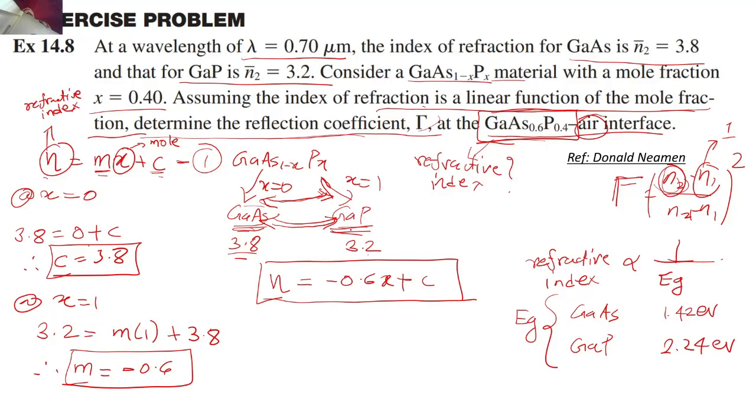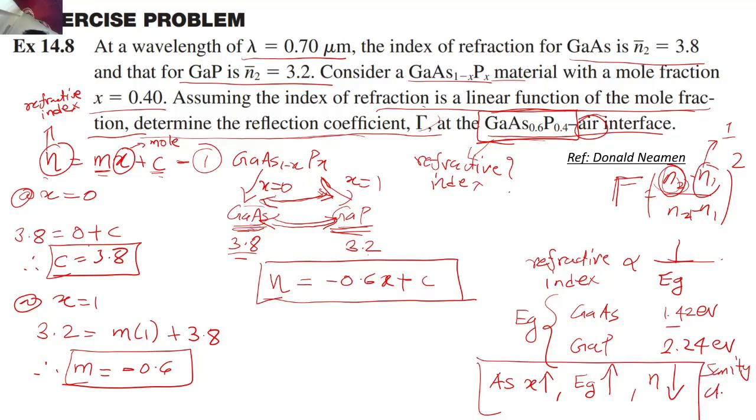As my mole fraction increases, my band gap should also increase, because gallium arsenide's band gap is 1.42 eV and gallium phosphide's band gap is 2.24 eV. So as x increases, Eg should also increase, and this means my refractive index should decrease. This is the sanity check that we want to perform.